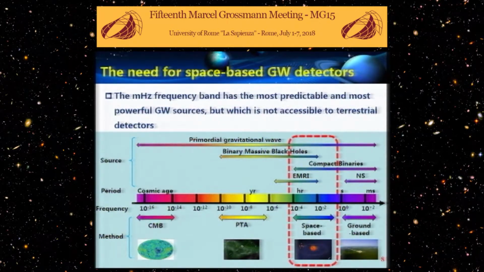In this millihertz frequency band, there are the most predictable and the most powerful GW sources, but they are not accessible to terrestrial detectors. Even for new projects such as drag-free devices, the bandwidth is also limited. That is why we are trying to push forward space-based gravitational wave detection.